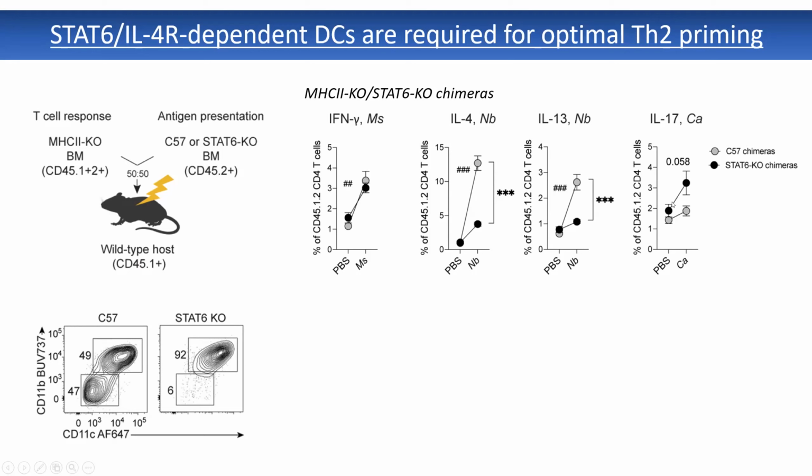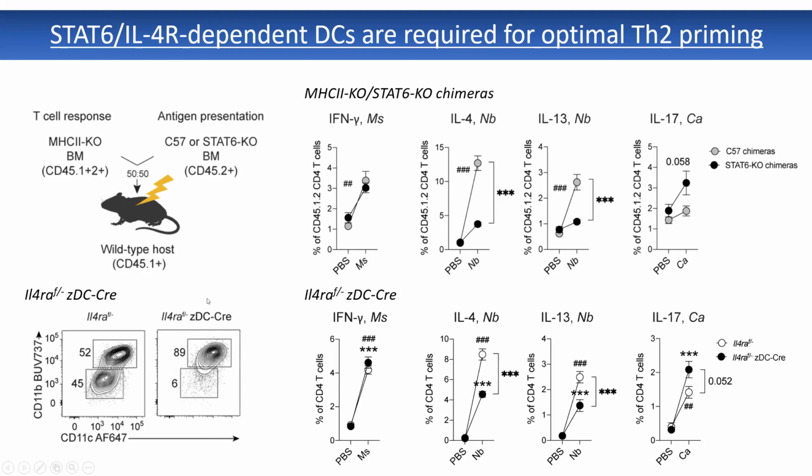Whereas when we immunized those mice that did not have CD11b-low DC2s with yeast or fungal extracts and fungal antigens, we actually observed that there was an increased Th17 response in this scenario.